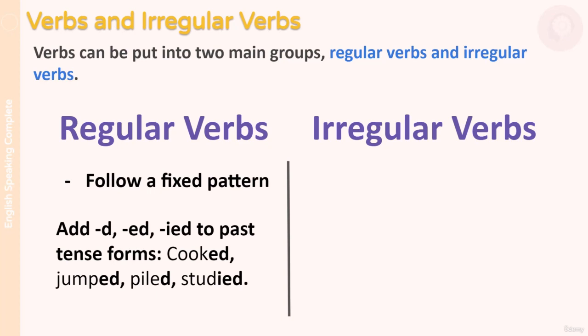For example, cooked, jumped, piled, studied. Pretty easy to use, pretty easy to form. However, irregular verbs, no fixed pattern. There's no simple rule to create these verbs in different forms, whether that's the past form or the past participle form.